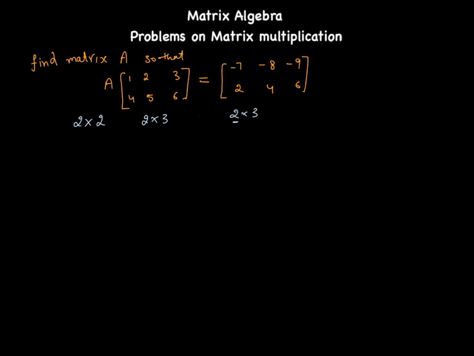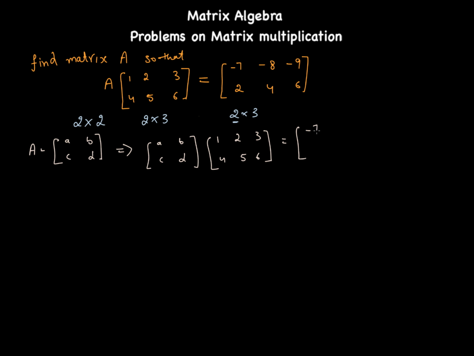Now let's assume A is equal to, I'm going to write a 2 by 2 matrix in general, a, b, c and d. Therefore we can write it over here as a, b, c, d times 1, 2, 3, 4, 5, 6, and this is equal to -7, -8, -9, 2, 4 and 6.